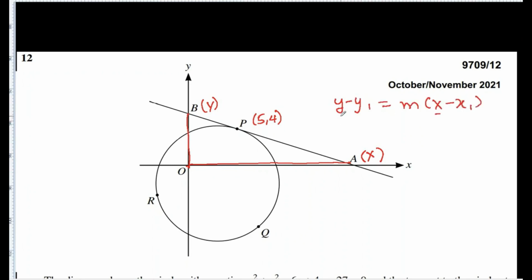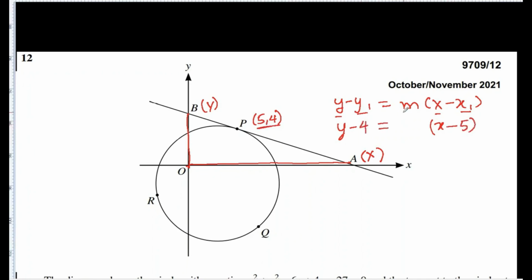x and y are random points on the line, so we will not change them, okay? But x1 and y1 are the specific points where the tangent is drawn, and that point is (5, 4). So we can use 5 as x1 and 4 as y1.